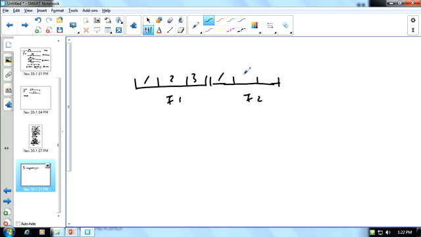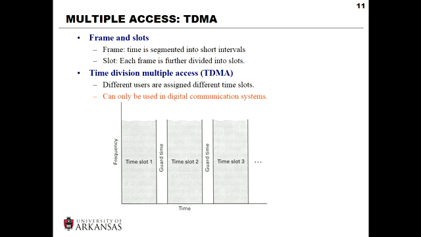So usually, for example, we assign the first slot to user 1, the second slot to user 2, and the third slot to user 3. And then in the next frame, we use the same allocation. So user 1 will transmit its information every 3 slots. So that's the difference between slot and frame. Slot is smaller.